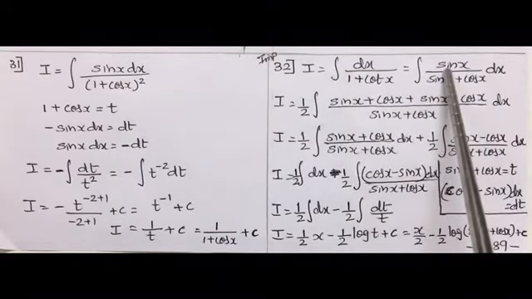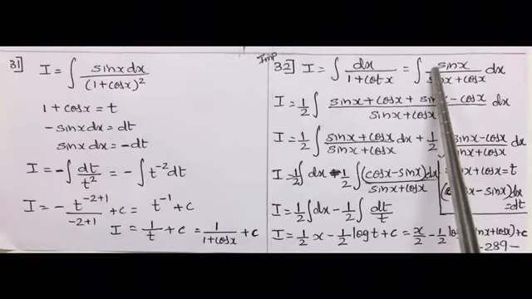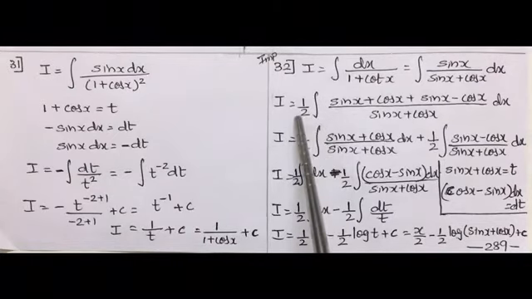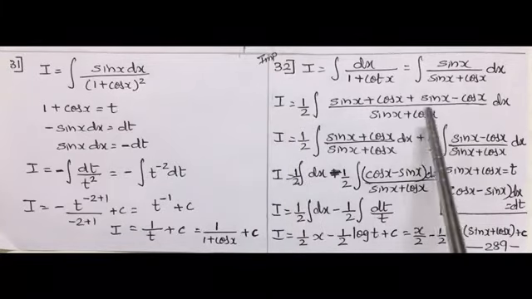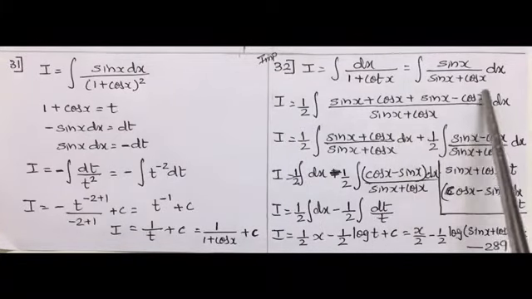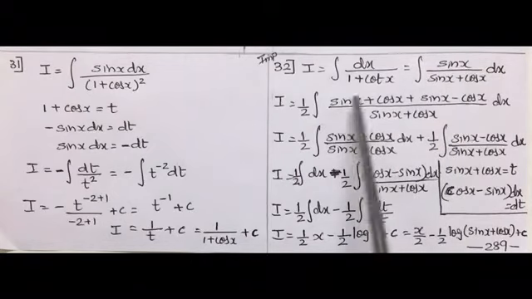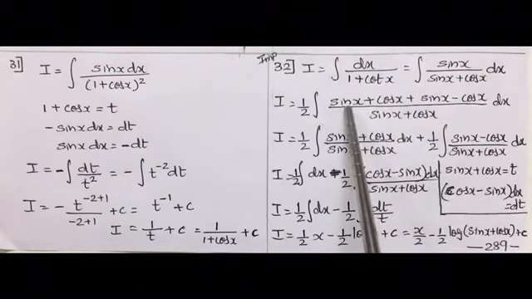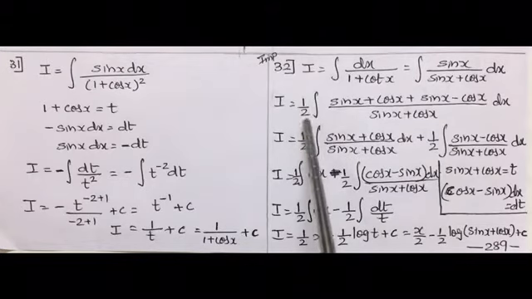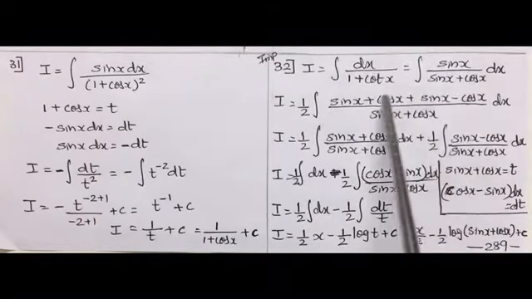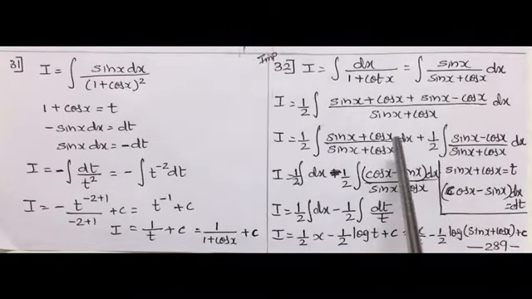But we want only sin x. 2 is being extra over here. That is being neutralized by 1 upon 2 being multiplied before integration. And cos x gets cancelled. So the numerator sin x is adjusted in terms of 1 by 2 over here, because we get 2 sin x when we go for adjustment.